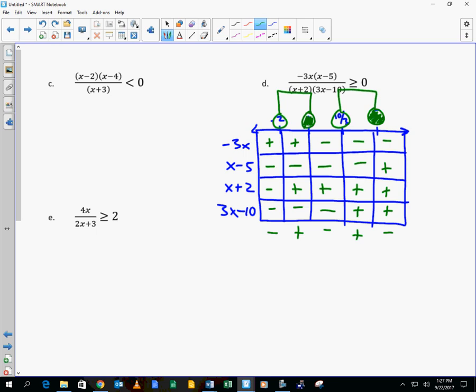So even though you see the equal sign, you're like, oh, well, that means I should definitely put brackets on everything. We can't put brackets on the -2 or the 10 thirds because that would give us 0 in the denominator. So therefore, the correct answer is parenthesis -2 to 0 bracket union parenthesis 10 thirds comma 5 bracket.